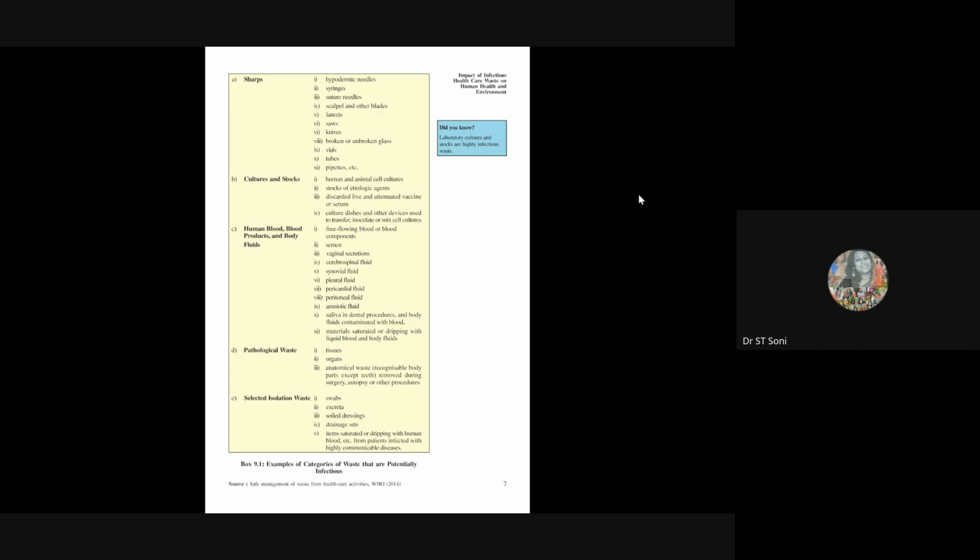So these are the cultures and stocks. The third one is human blood and body fluid: free-flowing blood and blood components, any of the body fluids, as we have seen in our five moments of hand hygiene, exposure to blood and body fluid. These are all the body fluids to which we can get exposed. Then there is the pathological waste and the isolation waste, that is from the isolation wards.